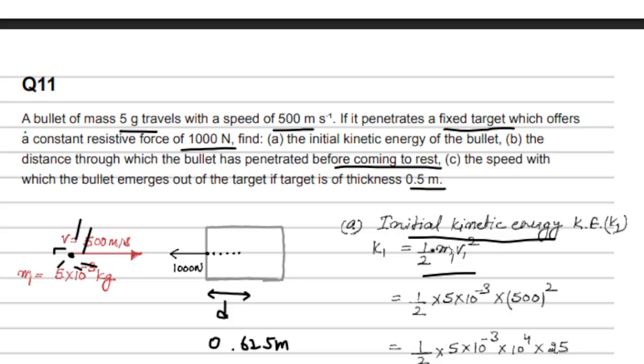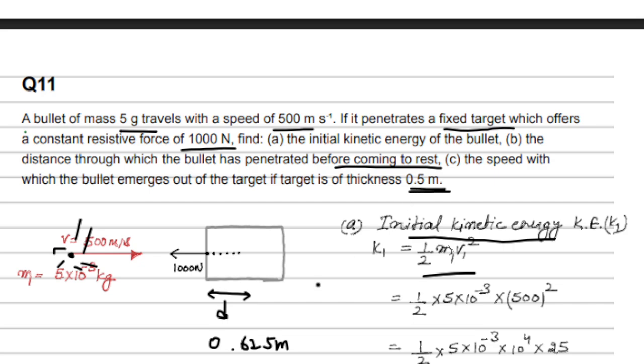Now let's come to the last portion. What if it is 0.5 meter? Like we were telling, what if it is lesser than that? Then not all the energy is removed. There will be some remaining kinetic energy, and we can calculate that also because the distance is given now. So this force will act only till this distance.